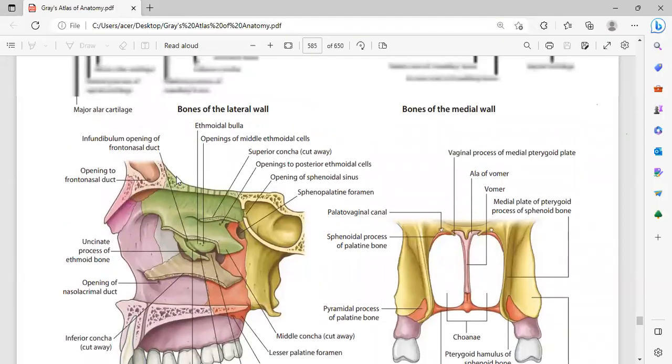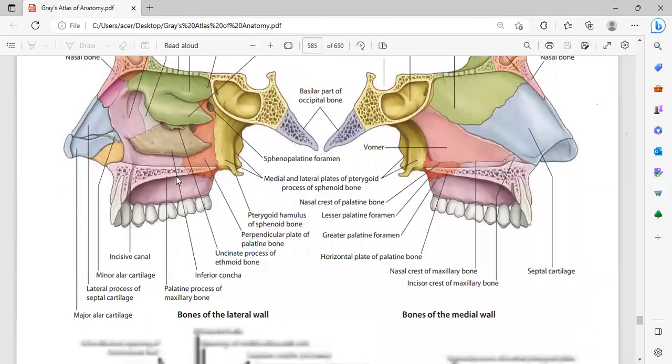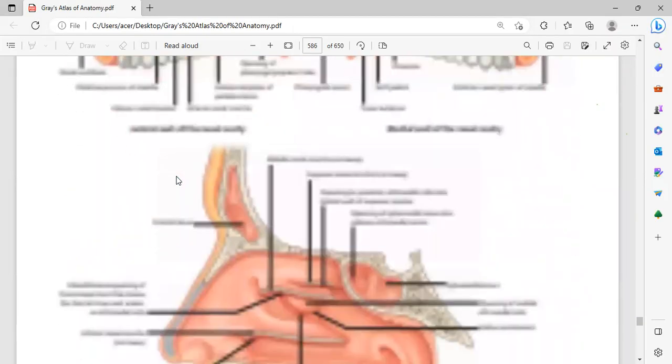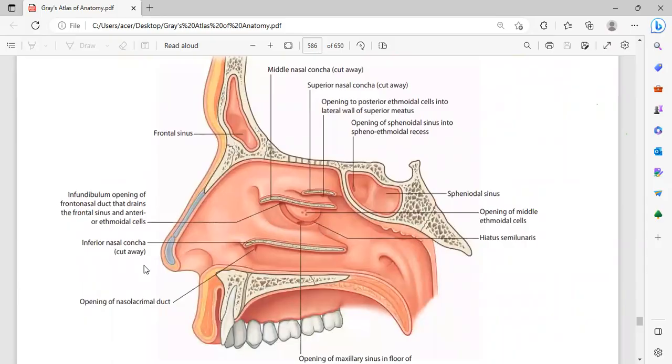So the epithelium, here we have this part called the vestibule. The skin of the nasal cavity will continue into the nasal cavity and line this vestibule. So this part here is called the vestibule. And this line here, we call this the limen nasi.